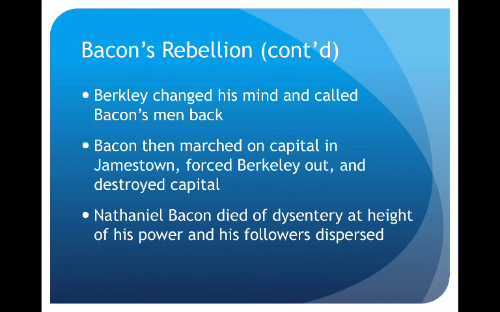Back in London, though, Berkeley is seen as having failed as governor. He was unable to maintain control of his colony, so he was recalled, in other words, fired as governor of Virginia and went home. He later got knighted, though, so don't feel too bad for him. And the rebellion fizzled out.